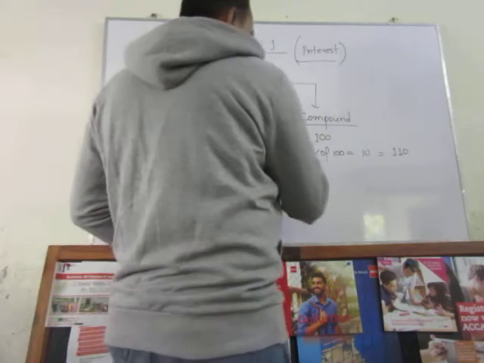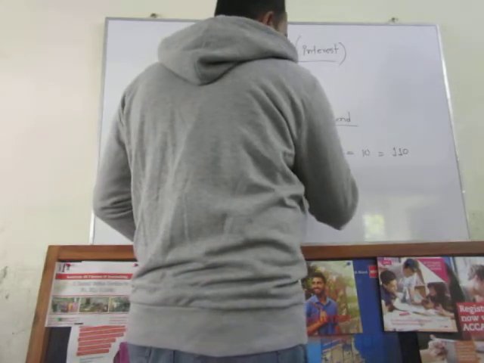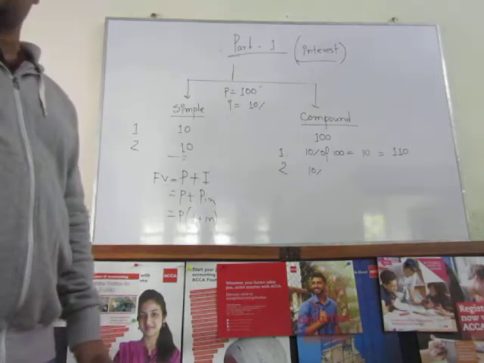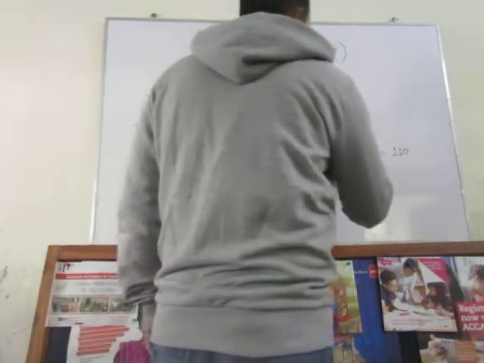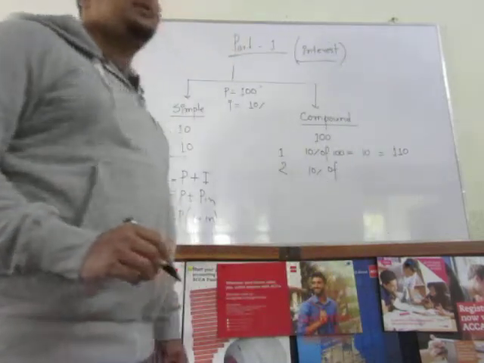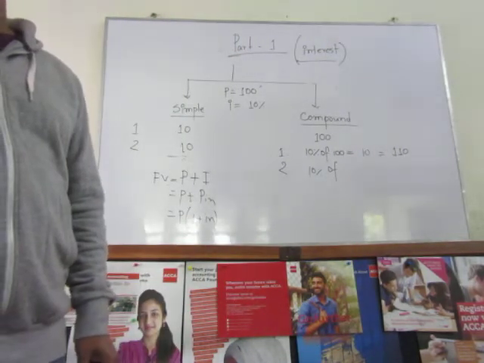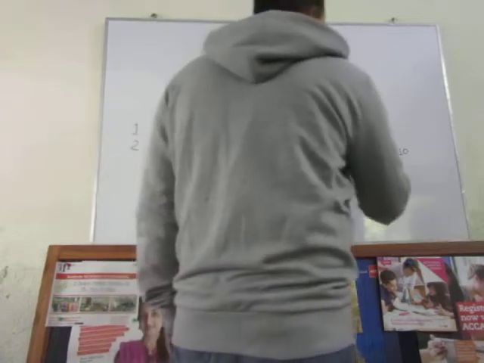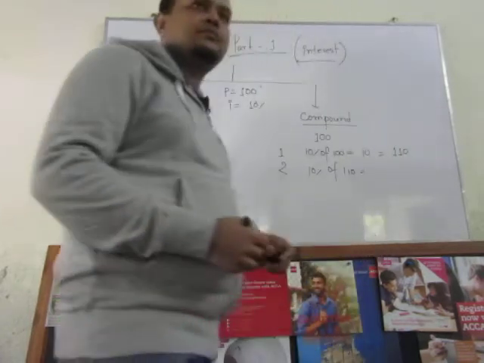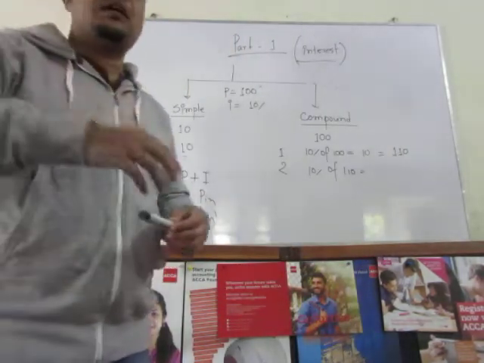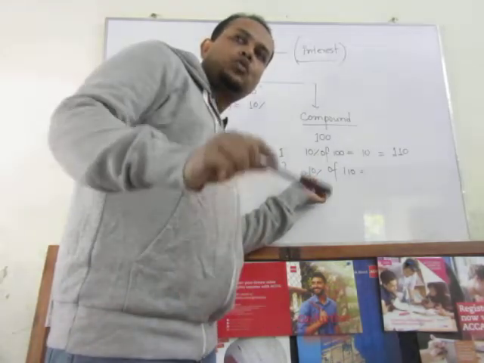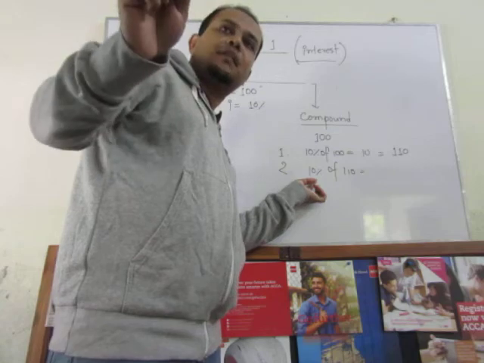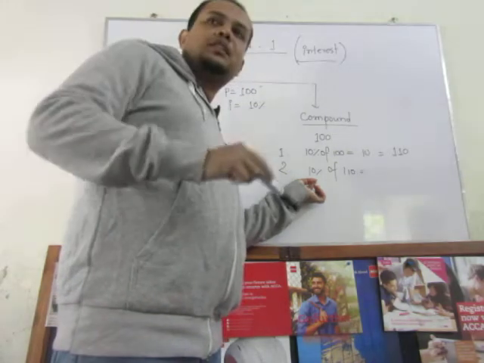In the case of the second year, the 10% interest rate will be the same, 10% each and every year. But here 10% will be charged not on $100, rather on $110. That means each and every year you are charging a percentage of interest on the total sum of interest and principal that was there in the previous year.